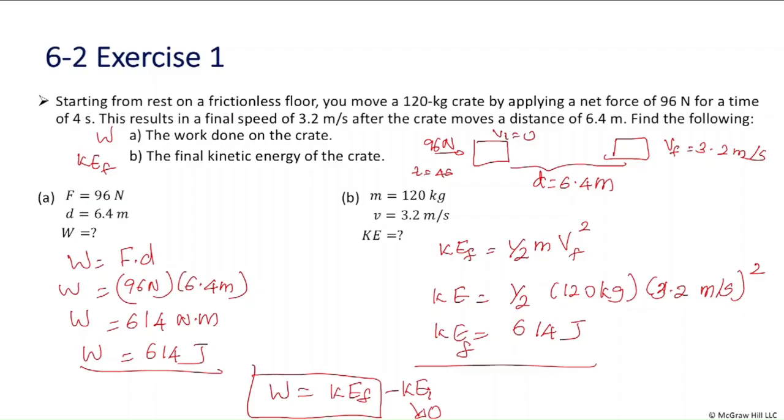Now so far in this section we have learned about kinetic energy, the energy of motion. It can be gained or lost, and the work done on an object equals the change in its kinetic energy. Next we will discuss another important form of energy, potential energy.